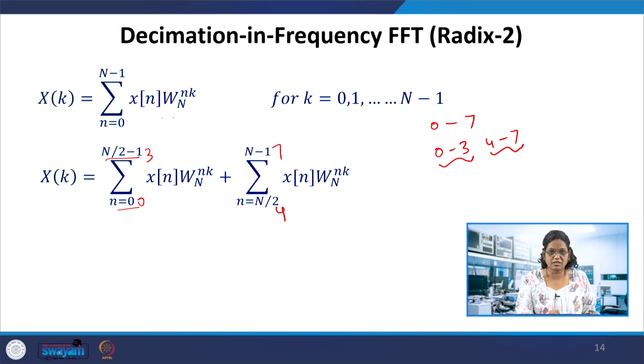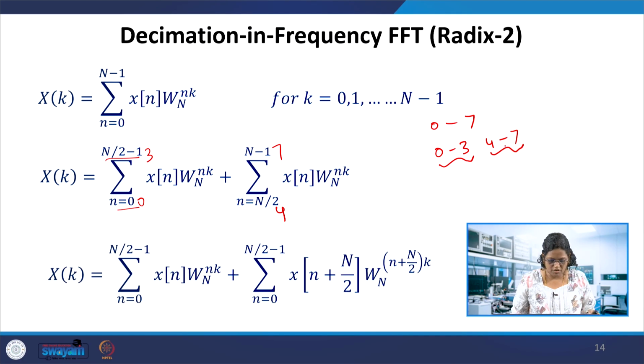So if we split this into the first set and then the second, how can we generalize this equation? For n equal to 0 to N by 2 minus 1, retain this as such, and in the second case we have N by 2, which we can take as a shift. So if you change this to n plus N by 2, n can be varied from 0 to N by 2 minus 1.